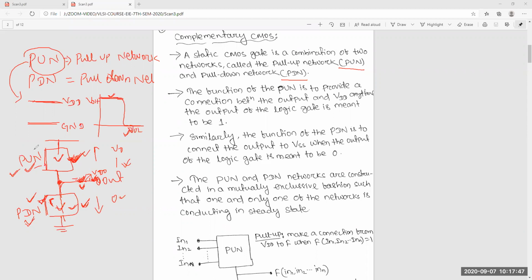When you give 0, that part will be on. So it is mutually exclusive. At any time only one network is on, so the current flows in one path or the other, and the pull up network will charge the capacitor.